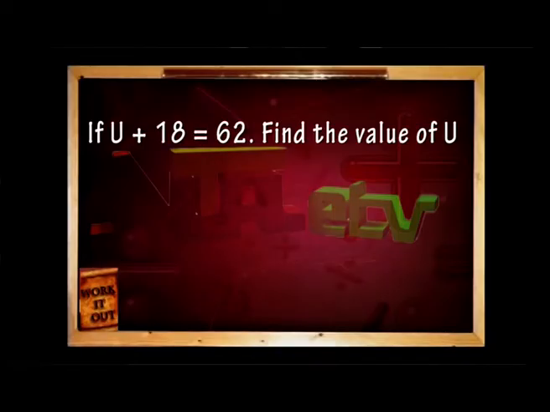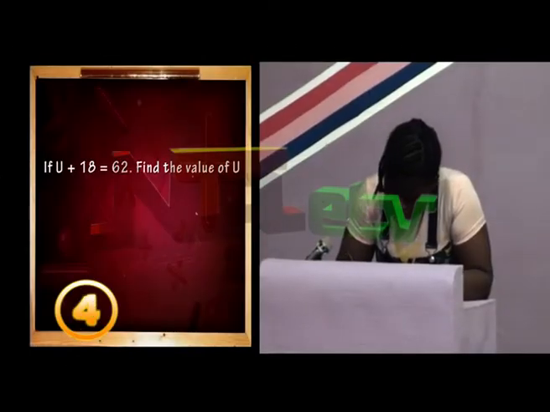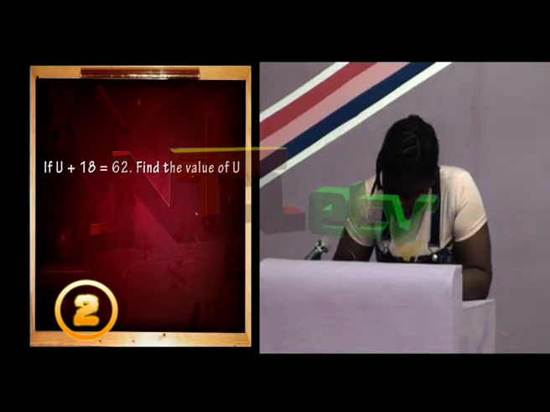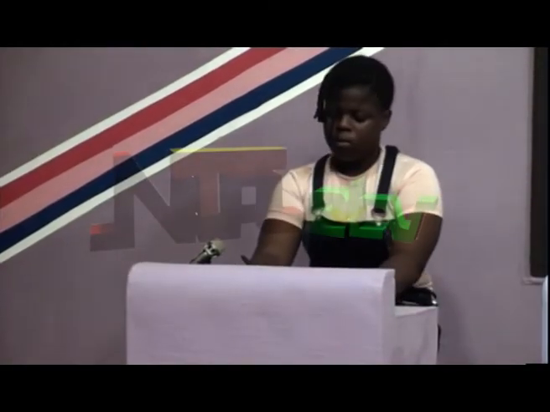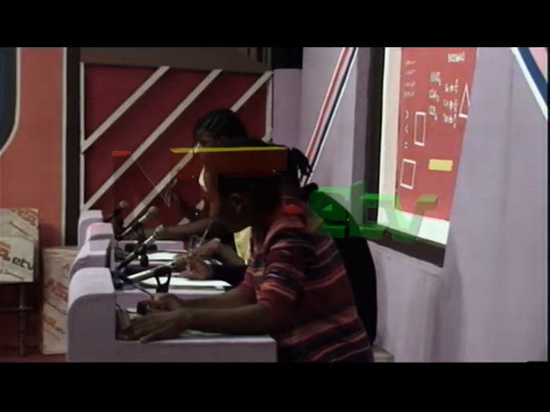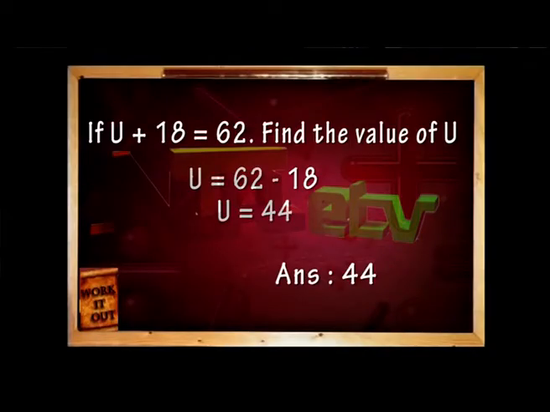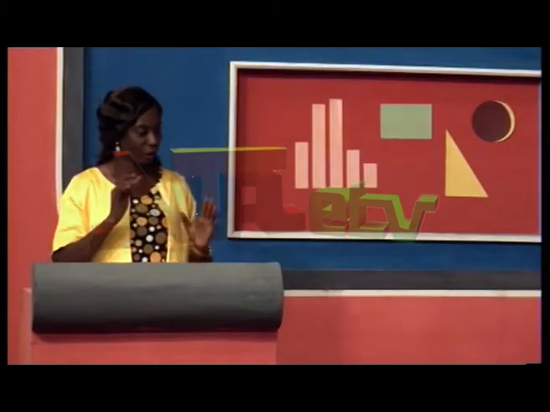If U plus 18 is equal to 62, find the value of U. Just tell me your answer. 44. 44 is correct. You don't need to raise your hand. Just tell me the answer.